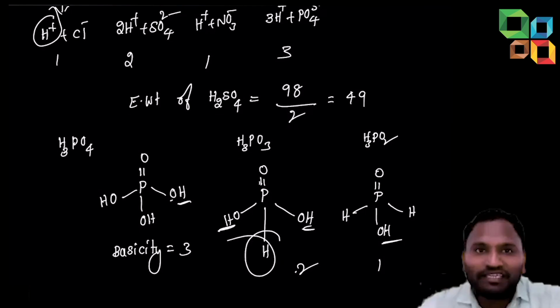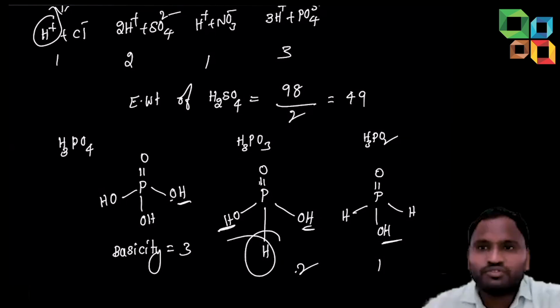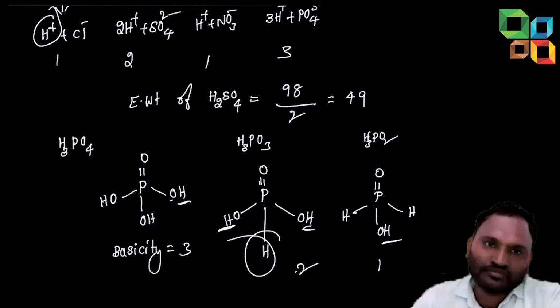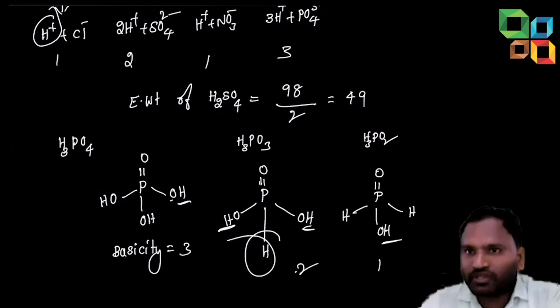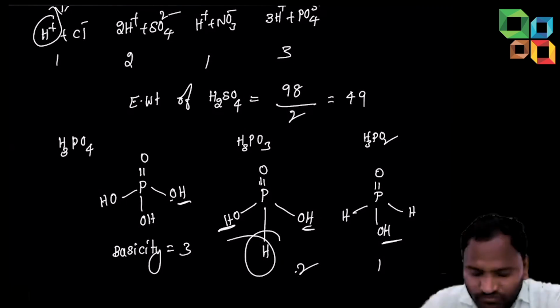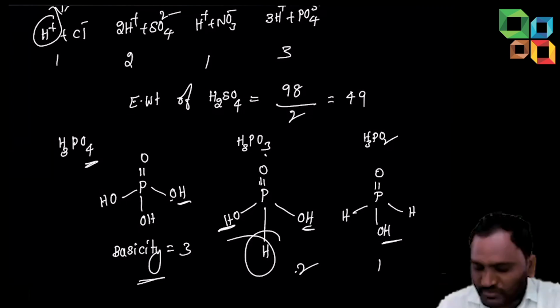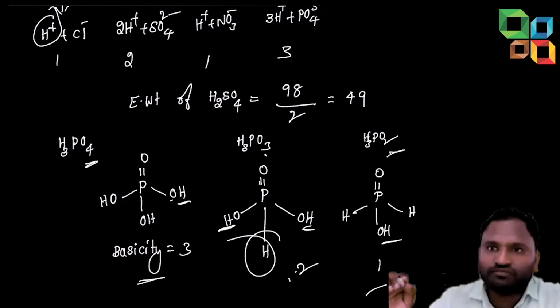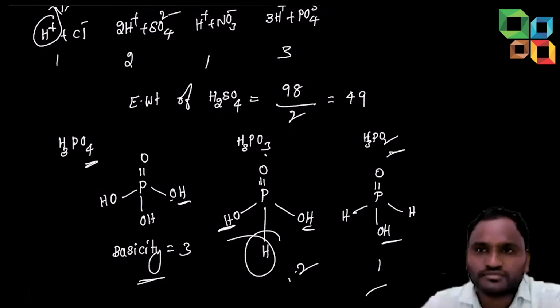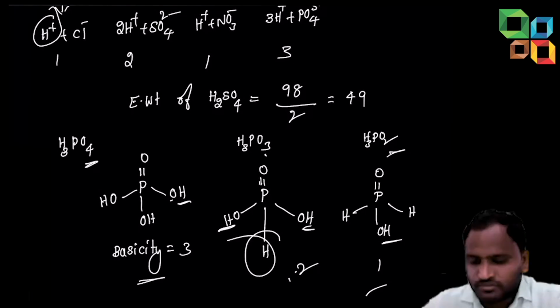So by seeing the number of hydrogens in the formula, we can't estimate the basicity. Only in this case it happens. In other cases, we will take the maximum directly in our syllabus. Otherwise, the simple thing is number of oxygens minus 1. Here 4 oxygens are there, minus 1 gives 3. 3 minus 1 is 2. 2 minus 1 is 1. That also can be done. Clear? So this is how we find basicity to calculate equivalent weights.